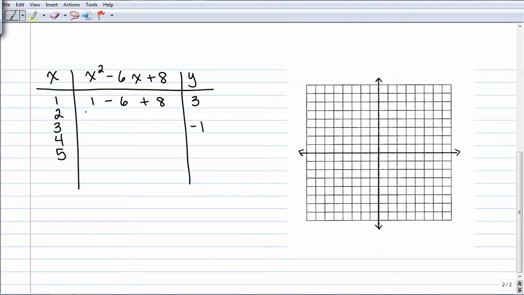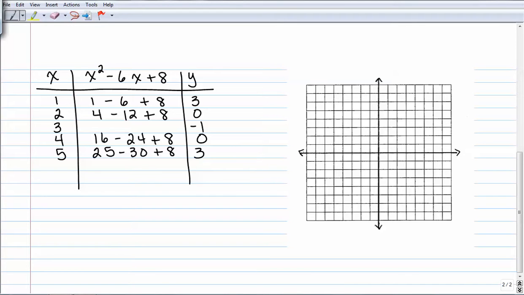Plugging in 2, 2 squared is 4, minus 12 plus 8, which gives me a 0. Plugging in 4, 16 minus 24 plus 8, which gives me another 0. And 5, 25 minus 30 plus 8, which gives me a 3.